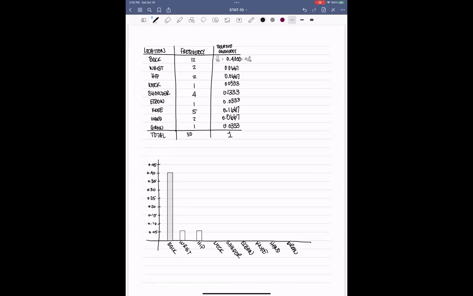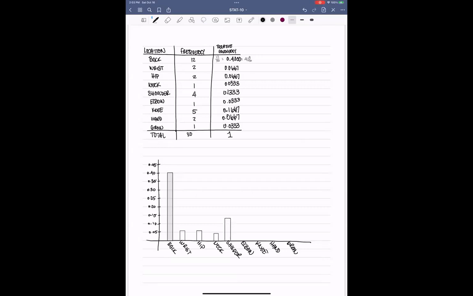Neck this time is going up to 0.03, so right below that line. Shoulder is going up to 0.13, so just below 0.15.